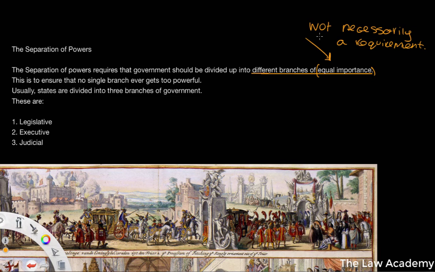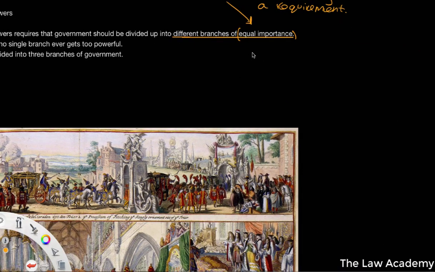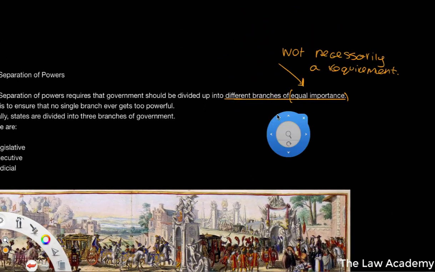And there's nothing uncontroversial about having one or two branches that are more powerful or more important than a third, but just that they all share different powers themselves. And the idea of them being of equal importance, and to ensure that no branch gets too powerful, also brings into the conversation the idea of checks and balances as well. So we've got checks and balances.